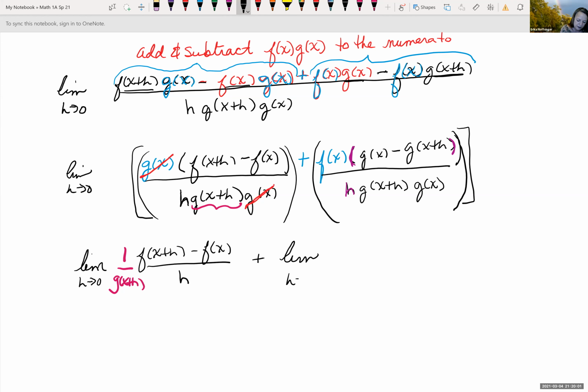So let's write a fraction using that derivative. And so doing that, we have g of x minus g of x plus h all over h. And so what would be left is this f of x piece. So let's rewrite this as a different fraction, but multiplying. So it would give us back the same thing, all over this g of x plus h times g of x.